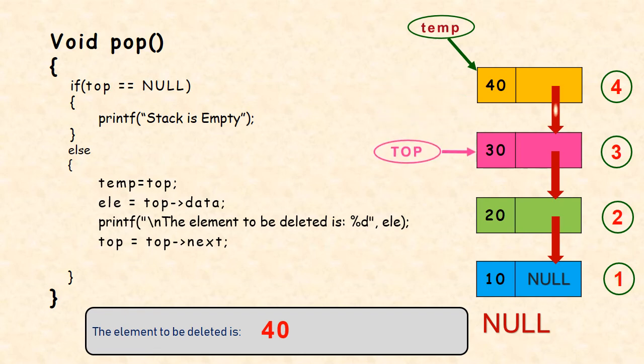By writing temp next is equal to null. Whenever I place temp next is equal to null, then the link between the fourth node and the fifth node is demolished. Okay, so now if I want to delete one more item also, I will do the same concept.